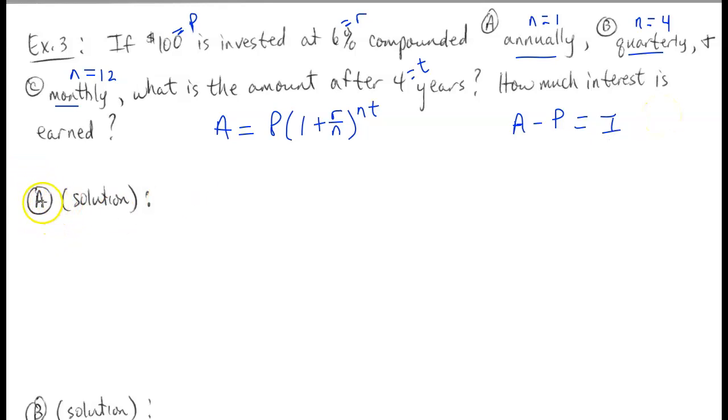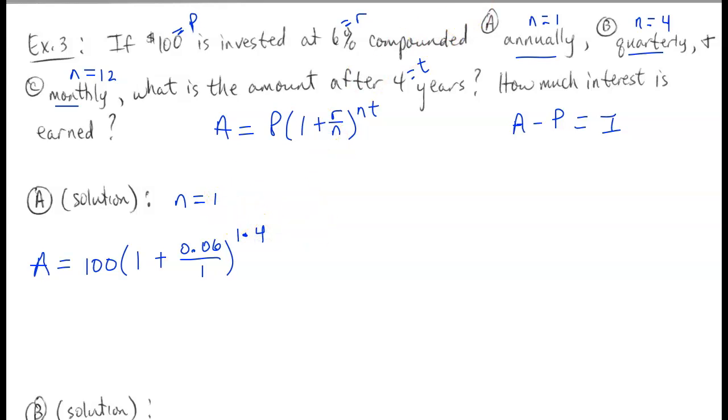So for the solution here, when we have N is equal to 1, we just know that A is equal to 100 times 1 plus 0.06, because that's 6% in decimal form, divided by 1. And all that in parentheses raised to the 1 times 4.